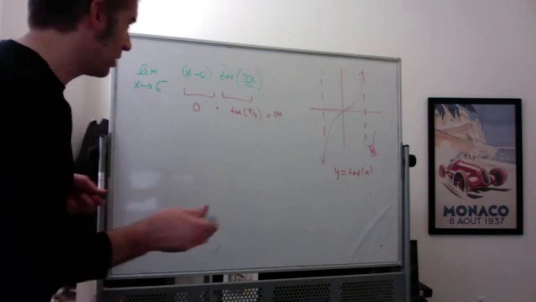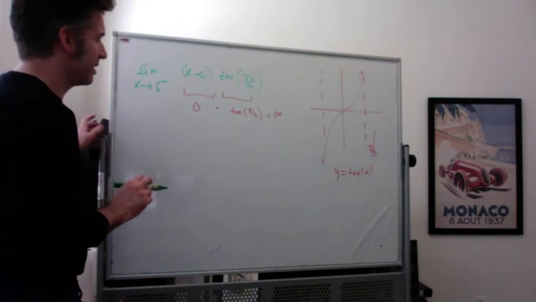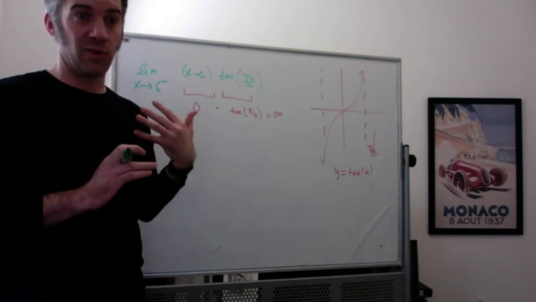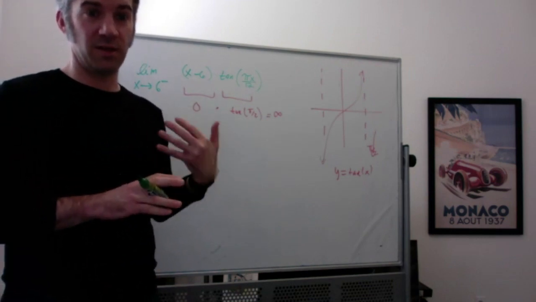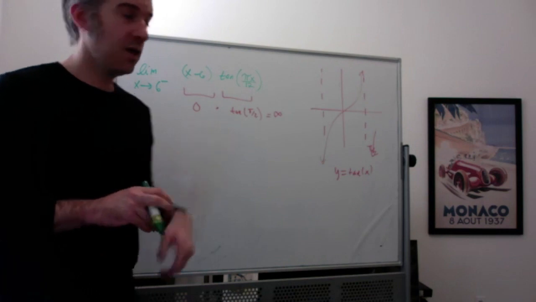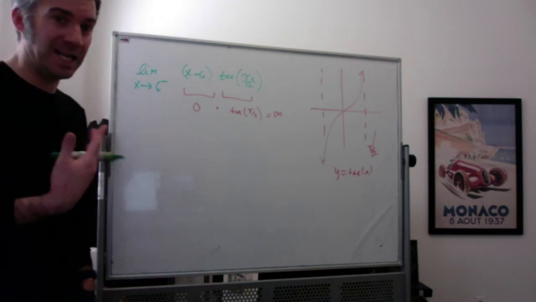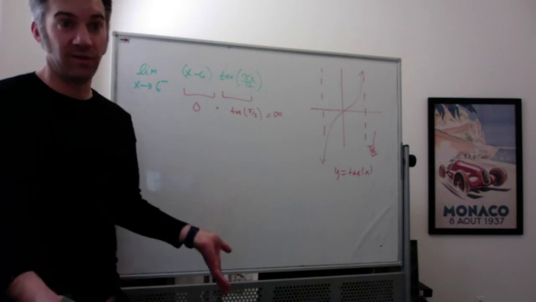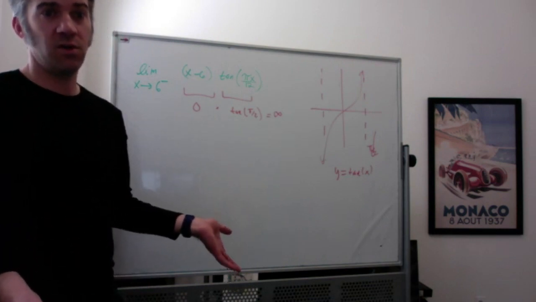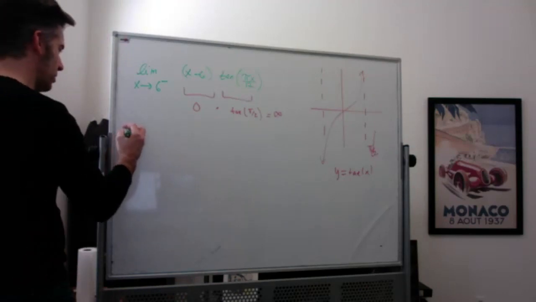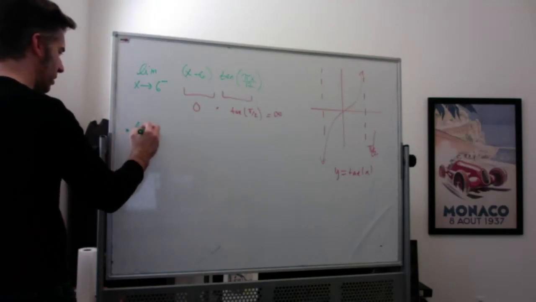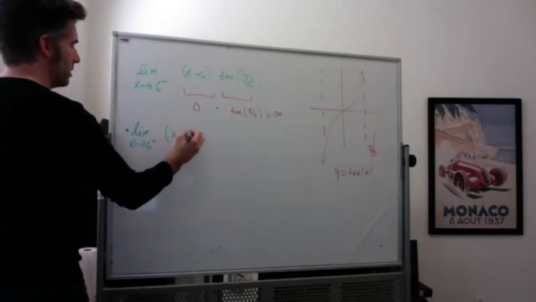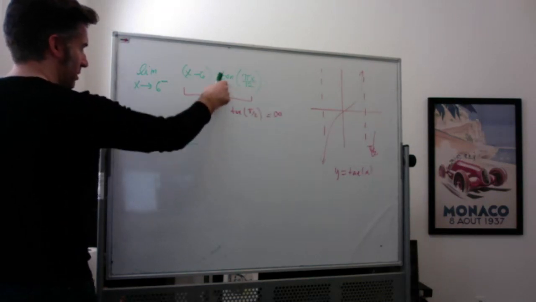Good question. So we need to rewrite this. And it's not always super obvious which thing should come to the denominator as a reciprocal. Typically, the guiding principle is that you want to pick the thing that's going to make it easier to differentiate. So let me show you both your options. One option would be to write this as the limit as x goes to 6 from the left of x minus 6 divided by the reciprocal of tangent.